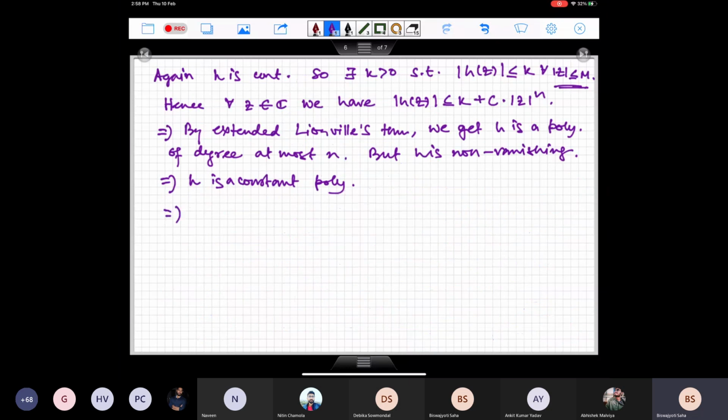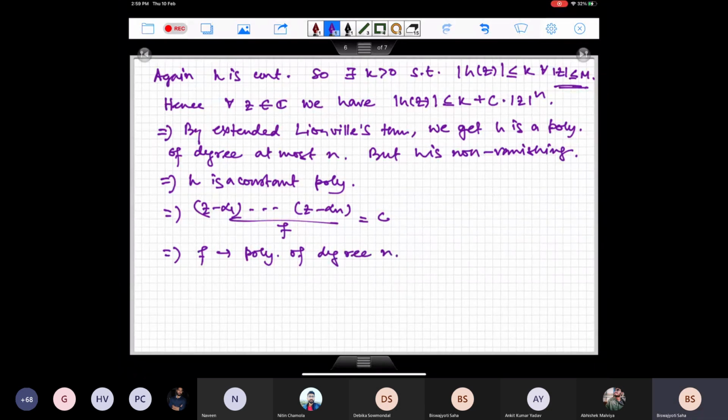So this implies z minus alpha 1 so on so forth z minus alpha n divided by f is constant. So that implies f is a polynomial of degree n. Clear?